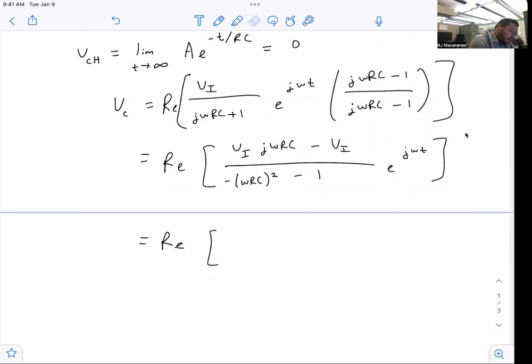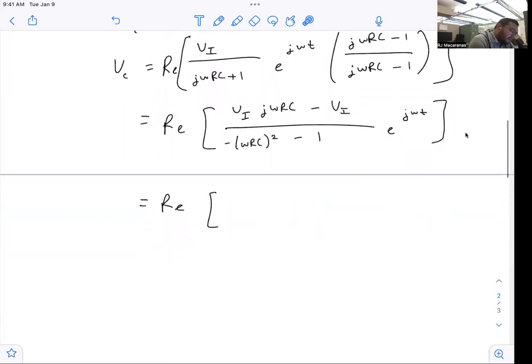This exponential has a real part and an imaginary part, so we have to extract that out. Let's write it out here: VI times j omega RC minus VI, and I'm just going to factor out a negative sign on the bottom to get this 1 plus omega RC squared.